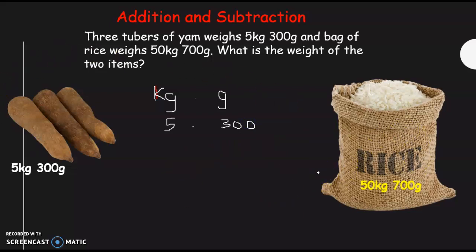So what I'm going to do now is write 50 kg, which is the weight of the rice. 50 is going to be under kg because it is in kg. I'll put my decimal point, then 700 grams. 700 what? Grams. Okay? From a line, put my plus sign.